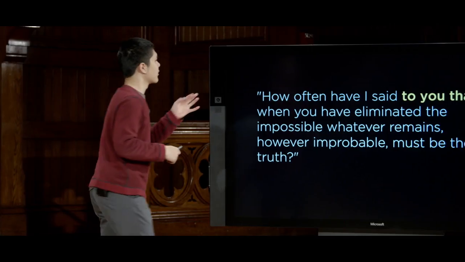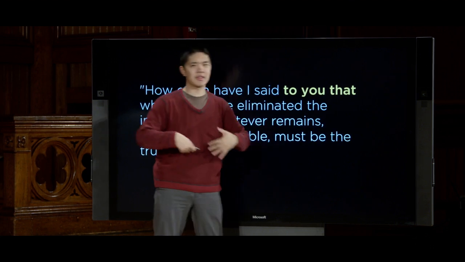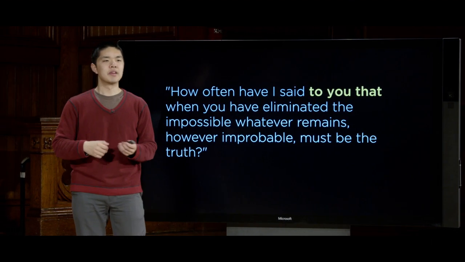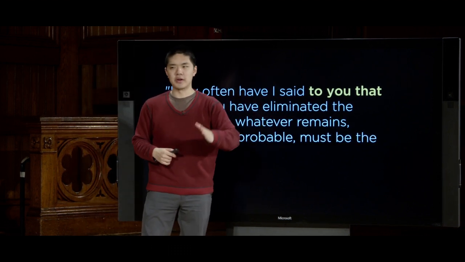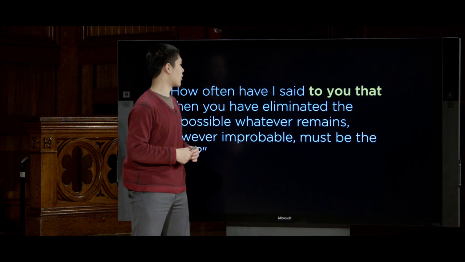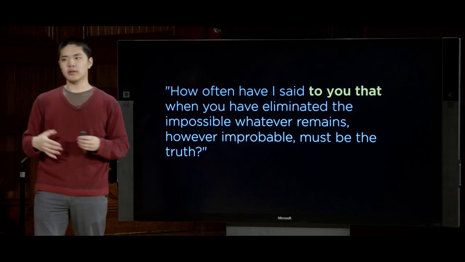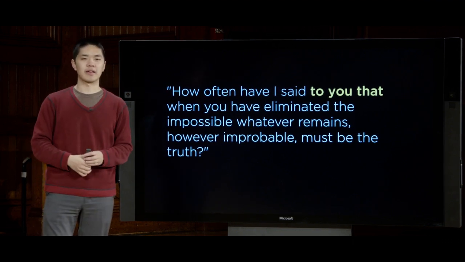Our AI might never have seen this entire sentence before, but it's probably seen the trigram to you that before. Because to you that is something that might have come up in other documents that our AI has seen, and therefore it knows a little bit about that particular sequence of 3 words in a row, or something like have I said, another example of a sequence of 3 words that's probably quite popular in terms of where you see it inside the English language.